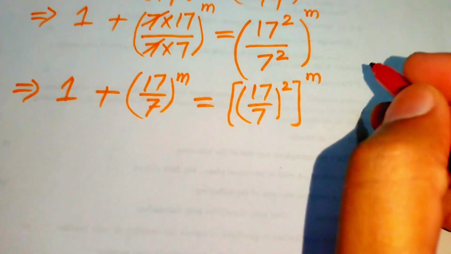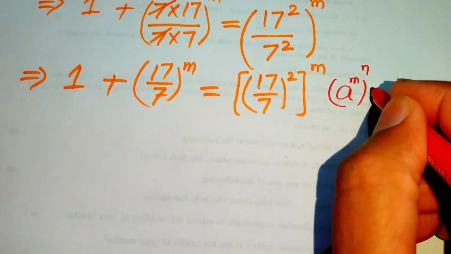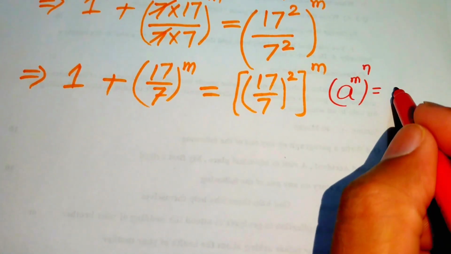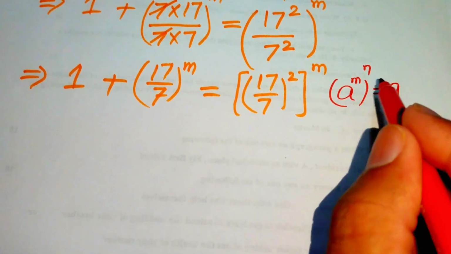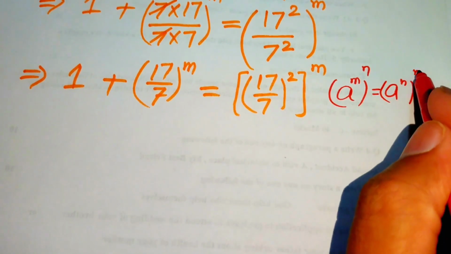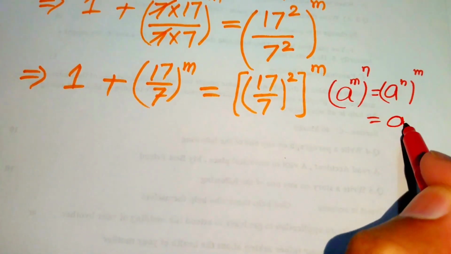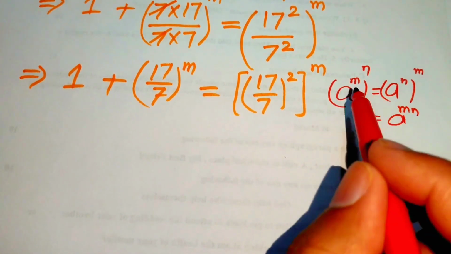and you know about this law. If we have a to the power of m to the power of n, in this exponential law we just interchange these two exponents and write it as a to the power of n to the power of m. Both of these cases give us the same answer, which is m times n.